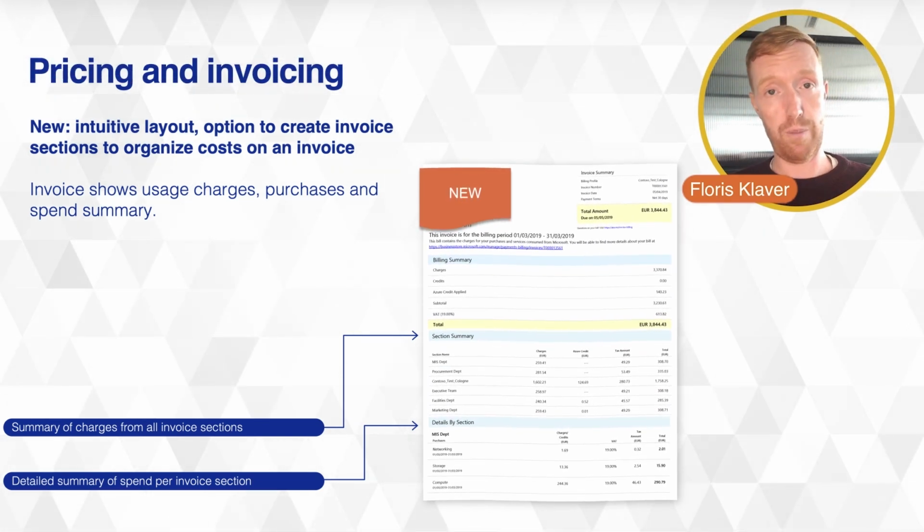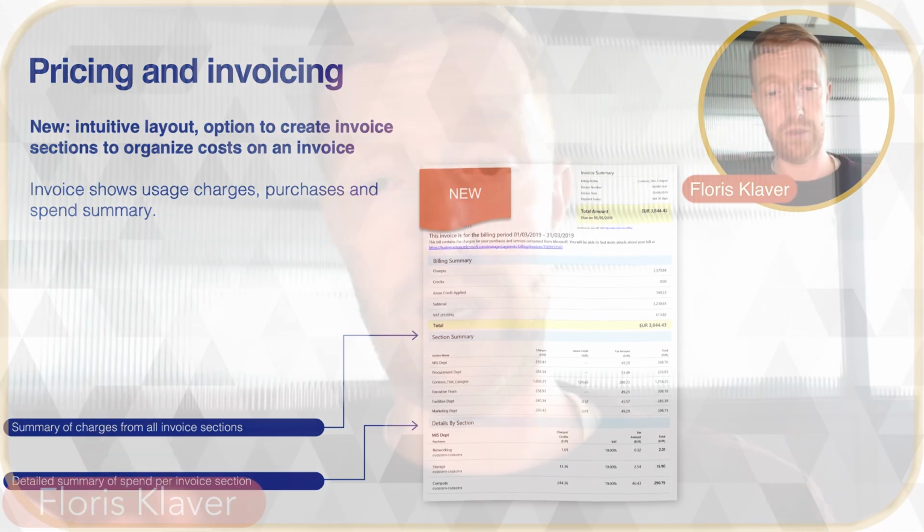However, you can also separate those invoices more easily. You can say, okay, these subscriptions, for instance, within Azure should all be invoiced under this entity, and these subscriptions should all be invoiced to that entity. You would have a lot more flexibility there.